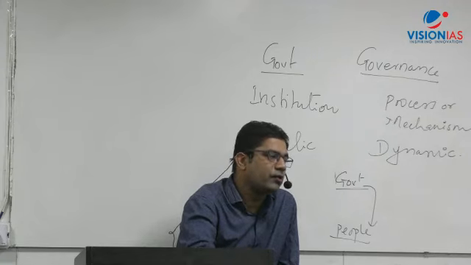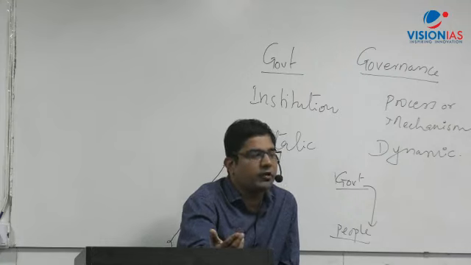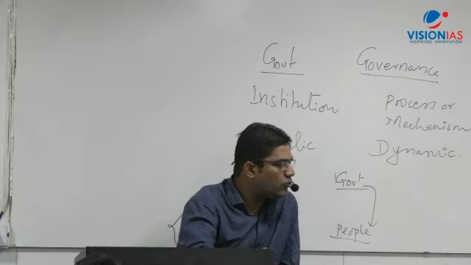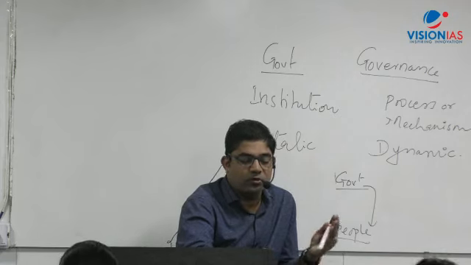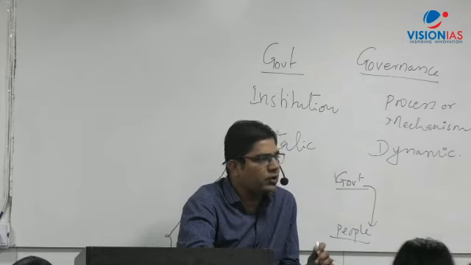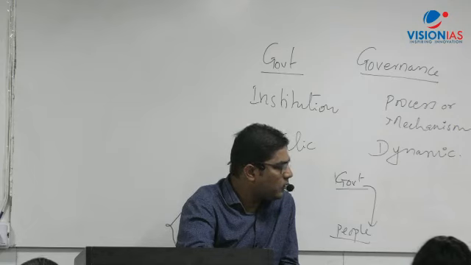If they are ruling in their own favor, it is perverted. If they are ruling in the people's interest, it is legitimate. Now, can you link? Obviously, legitimate is good governance and perverted is bad governance. So these are the philosophical underpinnings of good governance.